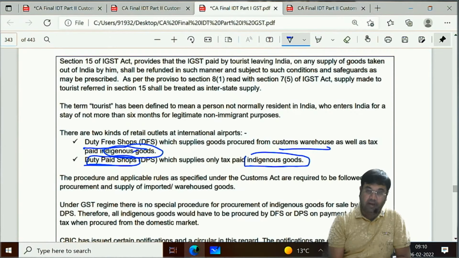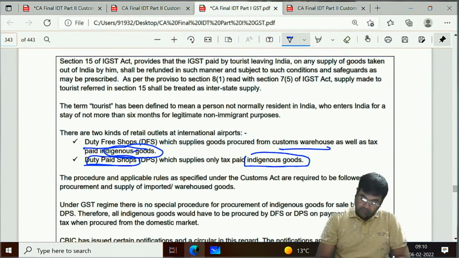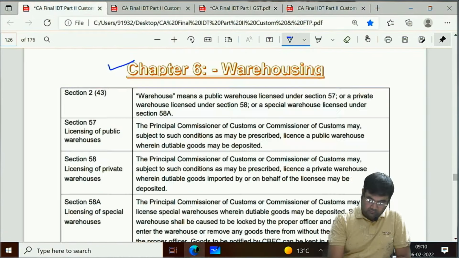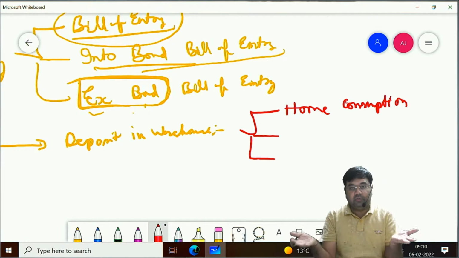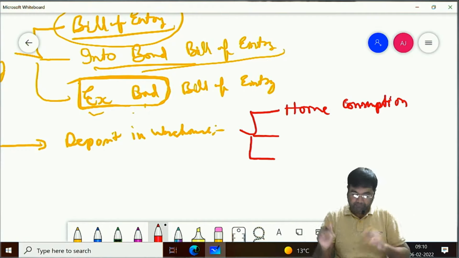So they can procure goods from a custom warehouse. In that scenario, no refund, since they have not paid the duty.